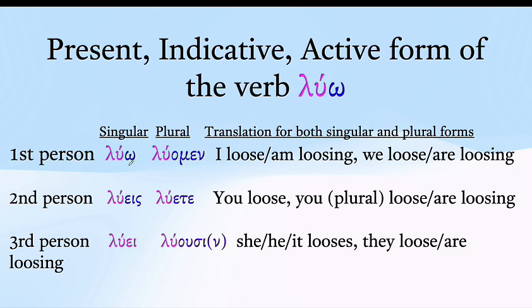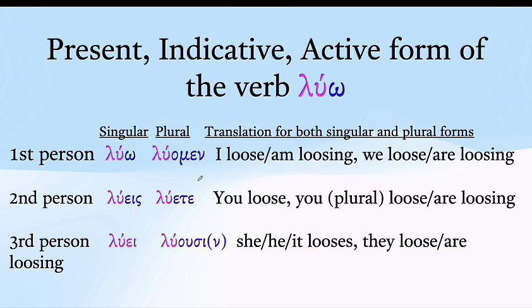So let's say this once more. Luo, luomen, lueis, luete, luei, luosin. Don't be worried about why this is not highlighted like the others. I think it is a typing error, but these are all similar things, which I will talk about in the next slide.